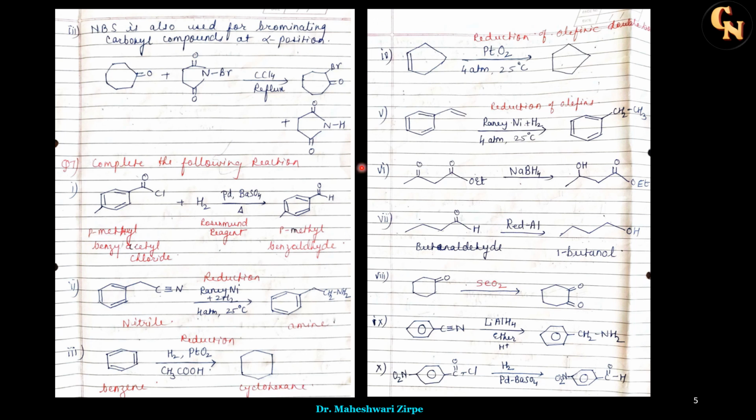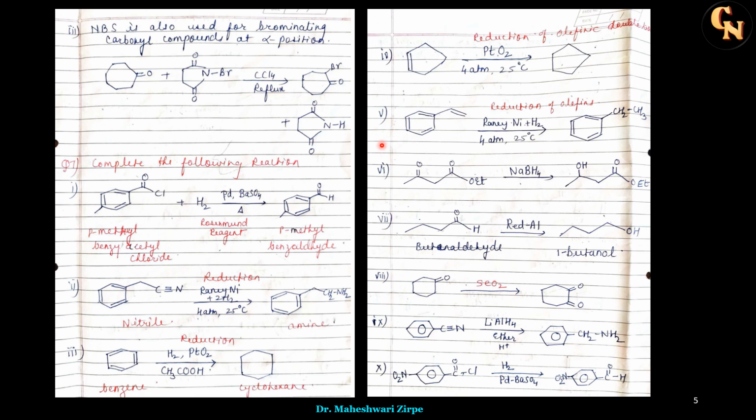So here I have already completed the reaction, you have to complete the reaction. In the question papers they will only give you cyclopentene and on the arrow they will give you the reagents. So this is the answer which we have got after reduction of the olefinic double bond with platinum dioxide. The olefinic double bond will get reduced and you will get cyclopentane. Pentene has been reduced to pentane.